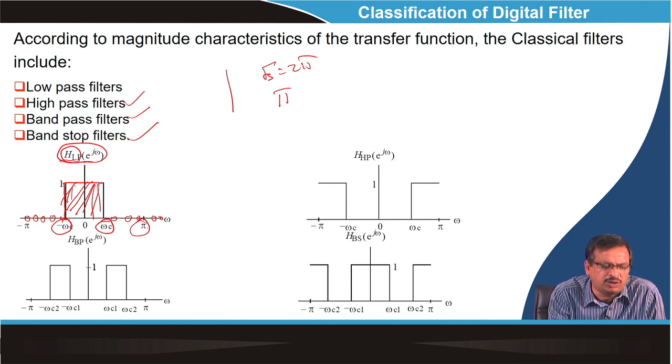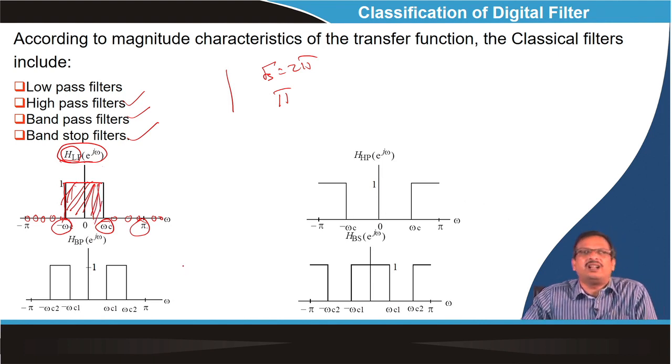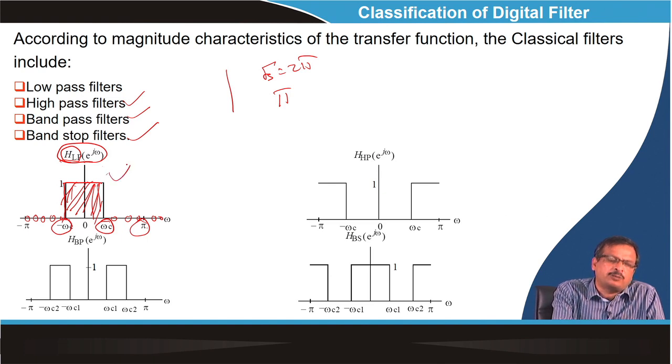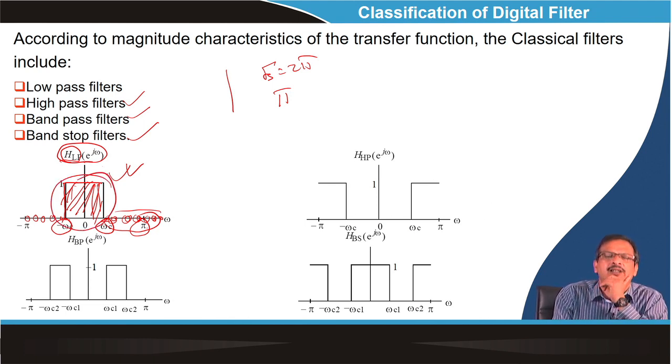The magnitude response of the filter is nonzero between minus ωc and ωc. This is called a low pass filter, because low frequencies pass and high frequencies are stopped; the magnitude is 0 there.